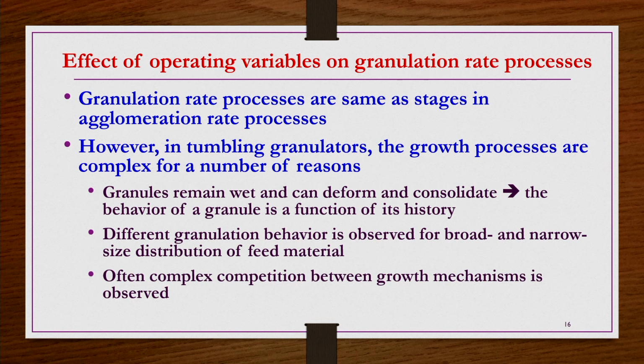And then, growth mechanisms often compete. Actually, complex competition between growth mechanisms has often been observed. So, that is the other reason. Because of these reasons, the growth processes are found to be complex, especially in tumbling granulators, that is disc and drum granulators.